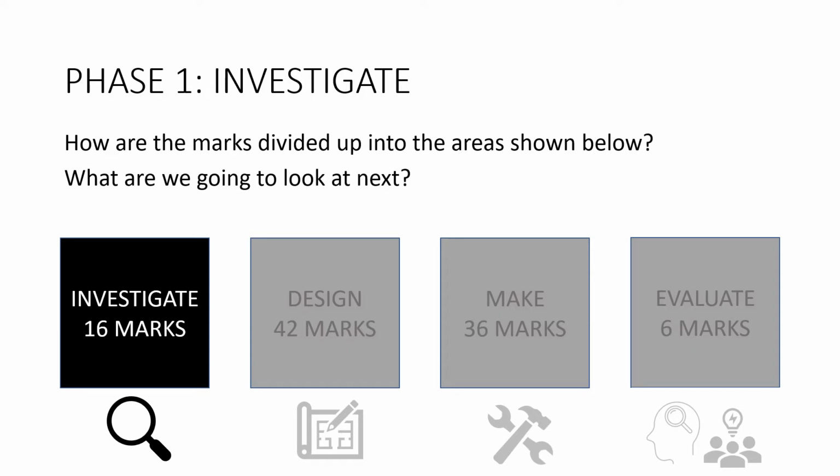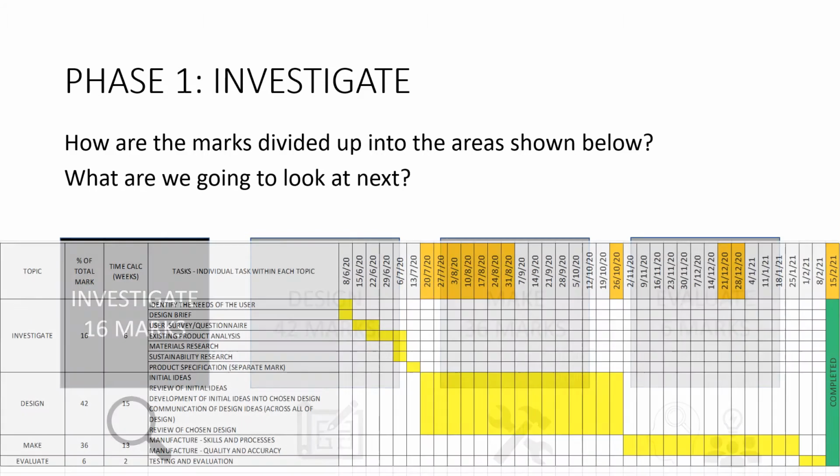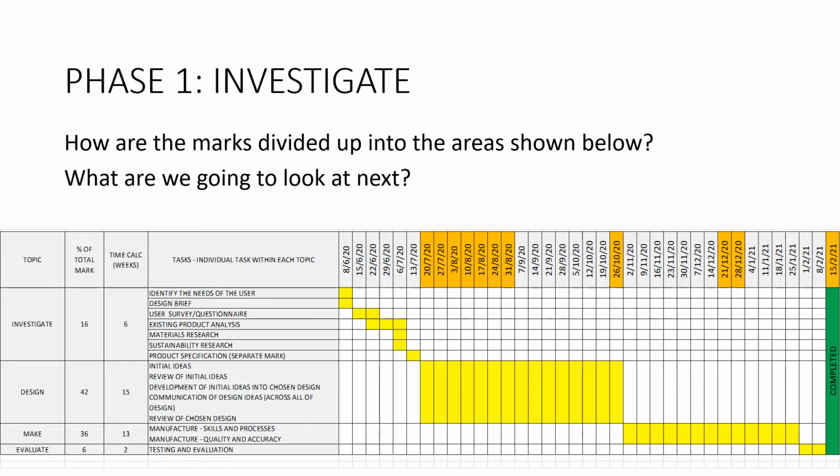What that looks like, if you divide that up across the time we have to do the coursework between now and the deadline, February half term, looks a bit like this. You've got the topics on the left, the percentage of the total mark in the second column, and a little calculation of time that I've put in, so that's how many weeks we need to use if we're going to use the same percentage of our time as the marks are.